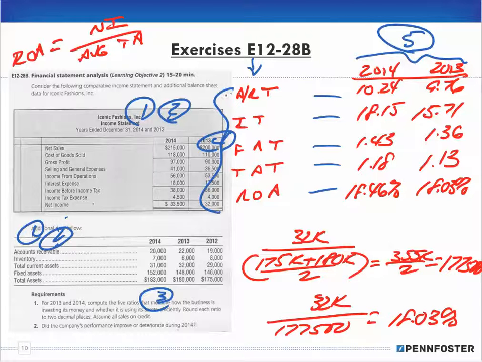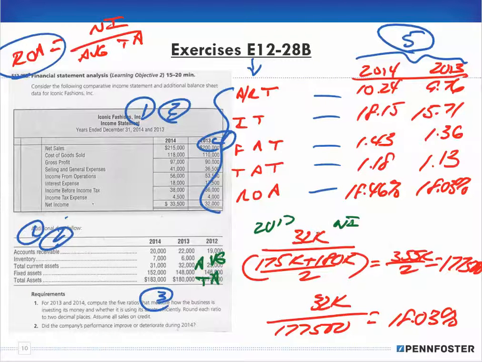And the only way that you're going to learn what the ratios are telling you is by taking the different ratios and altering the numbers to see what the effects are. For example, we're looking at return on assets here, and this was for 2013. So we have our net income here, and of course this is our average total assets.